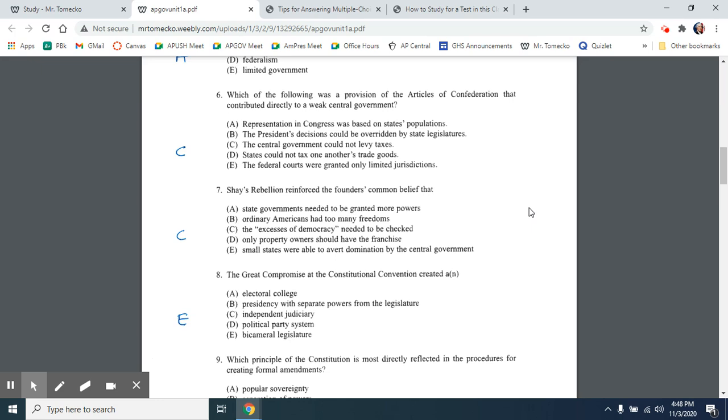representation in Congress was based on states' populations. No, I remember that under the Articles of Confederation, there was just one body, Congress was just one body, and each state was equal. They all had one vote. And of course, that idea, equal representation of the states under the Articles, and then that ultimately led to the Great Compromise and the Constitution.